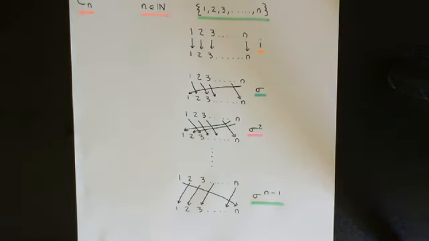Right, so now we have got all of these permutations which are of the form move everything along to the right by a certain amount. Now you might be wondering, do we need to consider the permutations where we move everything along to the left by a certain amount? I would say that's a very good point.